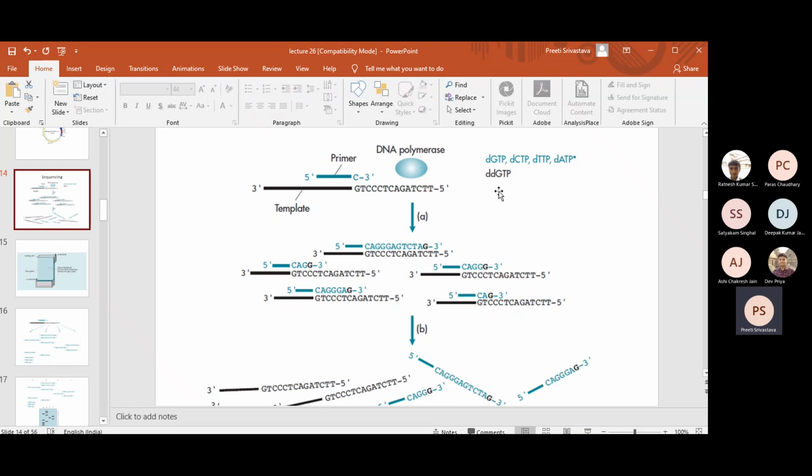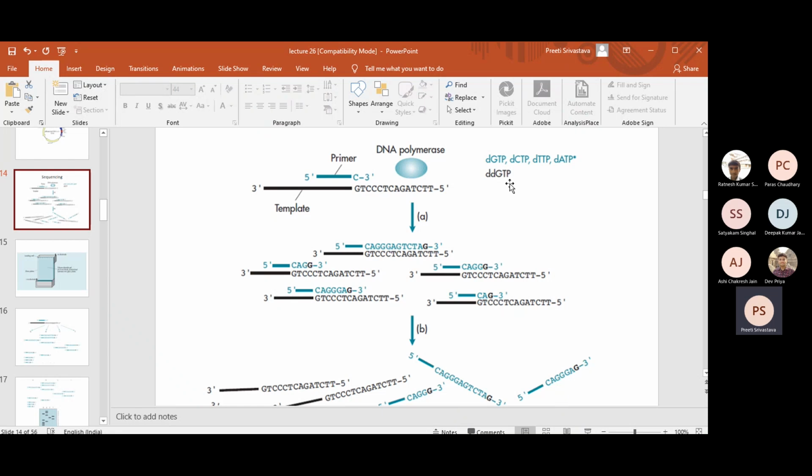Now what you do is you add dideoxynucleotides and also you add dNTPs. So in this case you have added dNTPs like dGTP, dCTP, dTTP and dATP. Also, along with this, you have added dideoxy GTP. So this is performed in tube number 1.